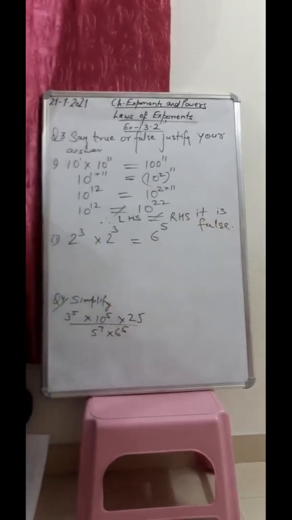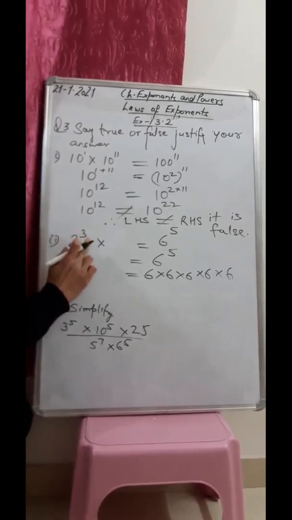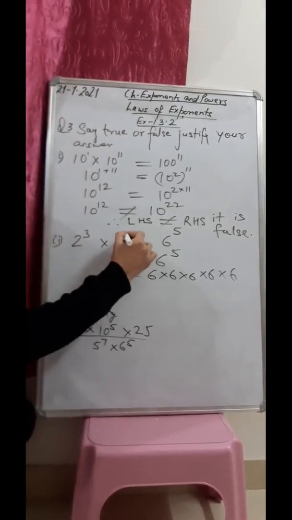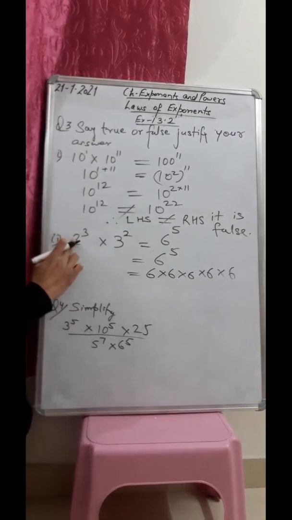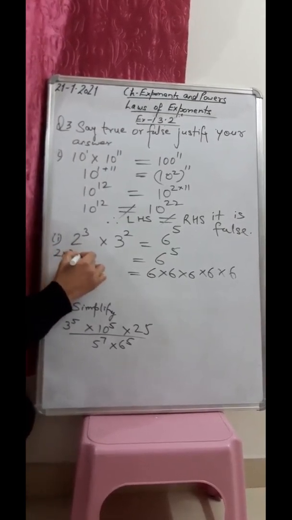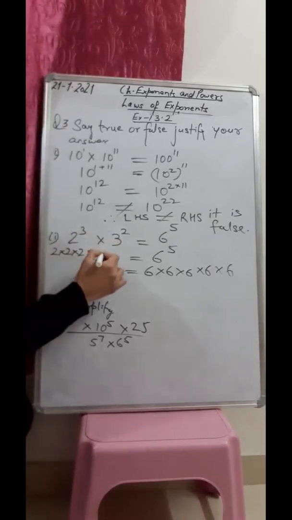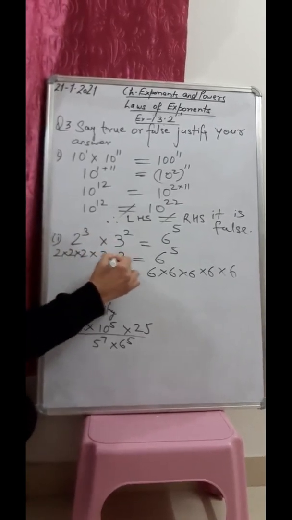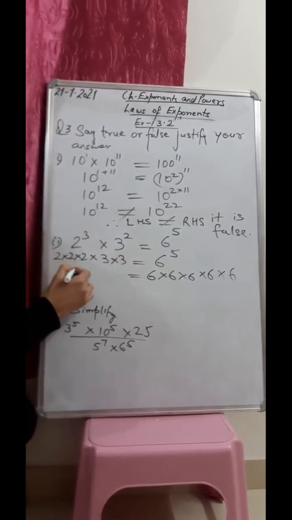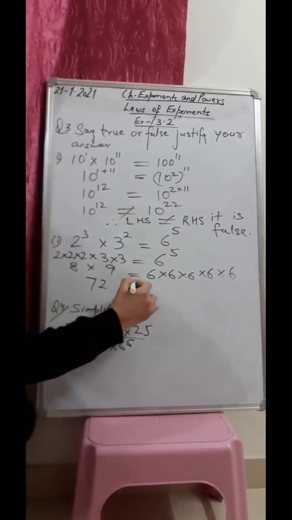Now the second part is 2 raised to power 3 multiplied by 3 raised to power 2. Here 2 raised to power 3 means you have to multiply 2 how many times? 3 times. And 3 raised to power 2 means you have to multiply 3 how many times? 2 times. So 2 into 2 into 2 gives you 8 and 3 into 3 gives you 9. So 8 into 9 gives you 72.